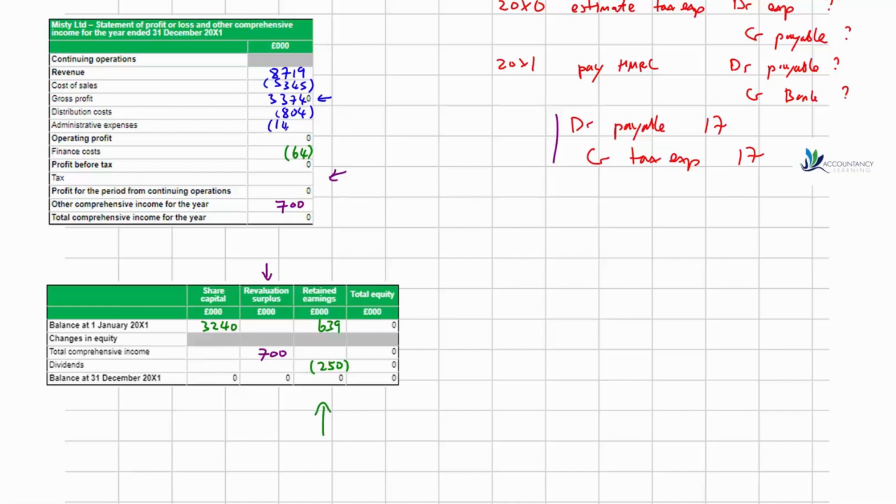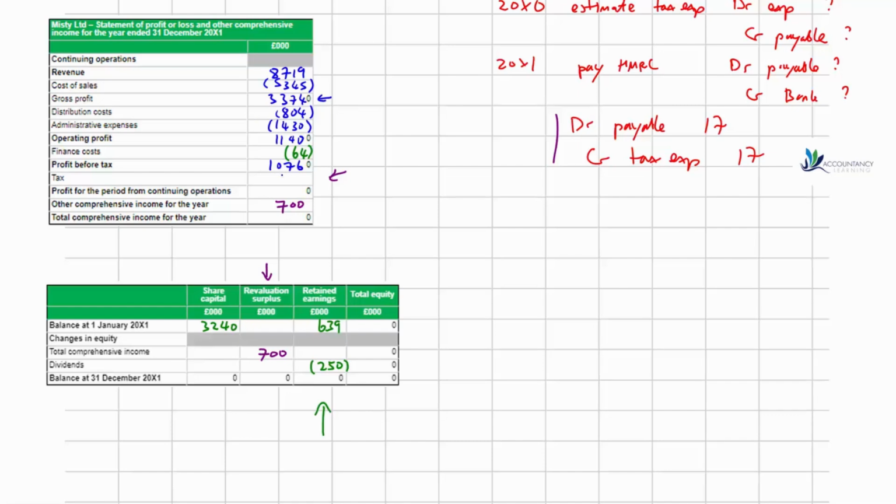So that gives us 1430, giving us an operating profit of 1140, from which we can deduct the interest, giving us a profit before tax of 1076. And then our tax figure, so remember we had the tax estimate for the year, but we need to deduct the overestimate from last year.